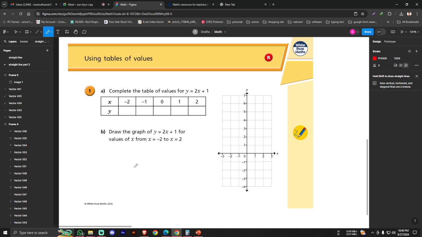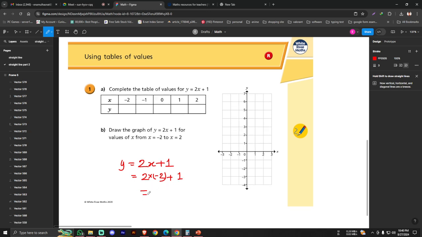So what we are doing, we're taking the equation which is y is equal to 2x plus 1, right? Yes. And we are putting the x value here, 2 times minus 2 plus 1, right? And we're getting the answer minus 4 plus 1, that means minus 3. Okay, so this is minus 3 or negative 3.